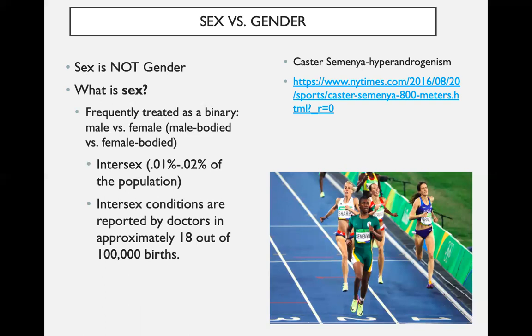And it's worth noting that not everyone who is intersex is even necessarily aware that they are intersex.